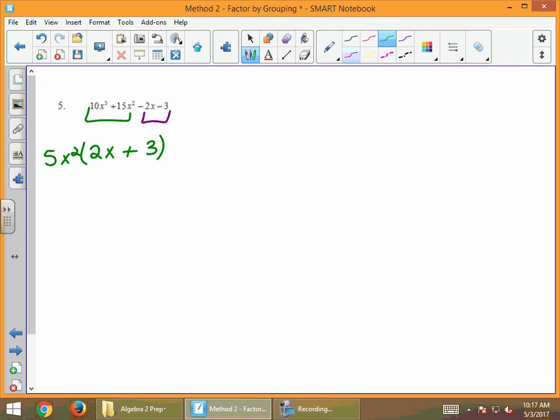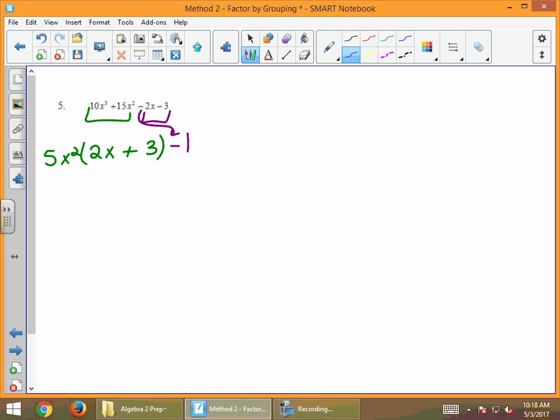Again, remember, whatever that middle sign is in between your groups, drop that straight down. And then what's our GCF between 2x and 3? 1. It's the only number that can go in both. And can we take out an x? No. So when this happens, make sure you still write that 1 there.